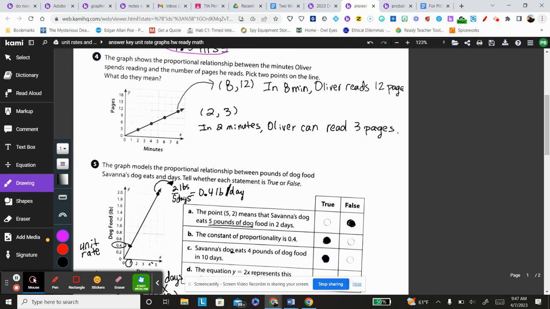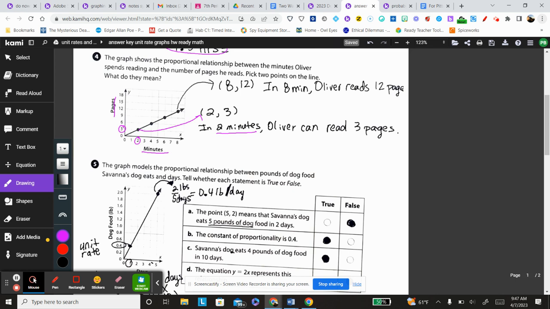All right, on 4, the graph shows the proportional relationship between the number of minutes Oliver spends reading and the number of pages he reads. It says pick 2 points on the line and just tell me what they mean. So I picked (2, 3). 2 is the number of minutes, and 3 is the number of pages, so in 2 minutes, Oliver can read 3 pages.